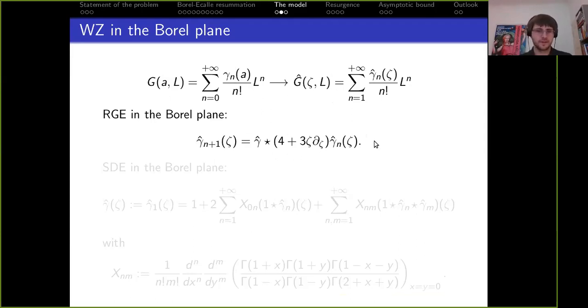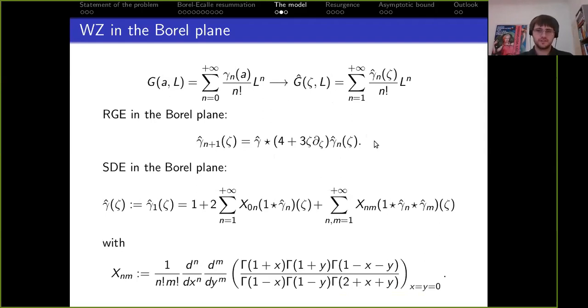Very nice. The Schwinger-Dyson equations are not so nice, sadly. You also have some non-linearities that can get nasty. Some coefficients arrive that are given in terms of derivatives of Euler's gamma functions, ratios of gamma functions. Okay, but let's not worry too much about it.